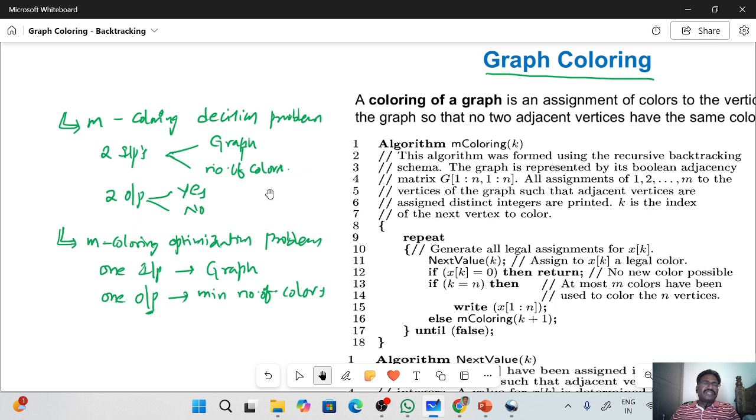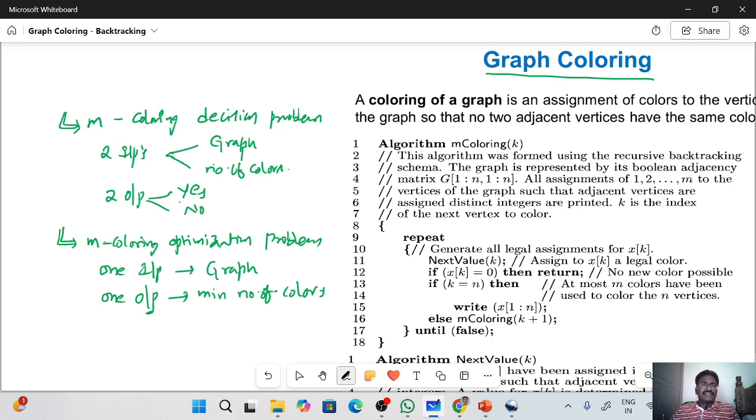And in general, particularly in our examination, we are going to get the question from the M coloring decision problem. The examiner gives us the graph and also gives us the number of colors. We are going to find how many possible ways there are to color that graph. If we find at least one solution, our answer is yes.